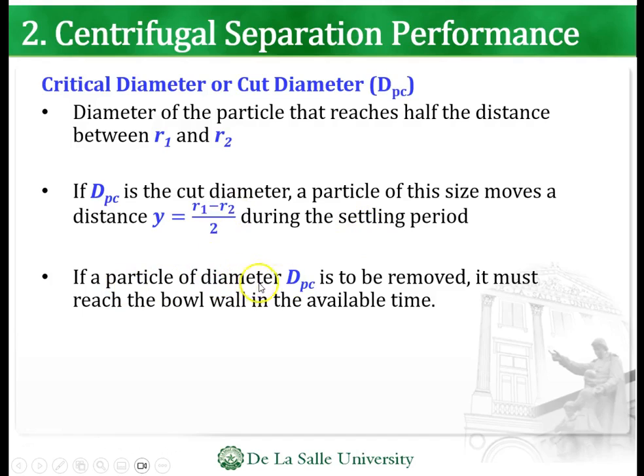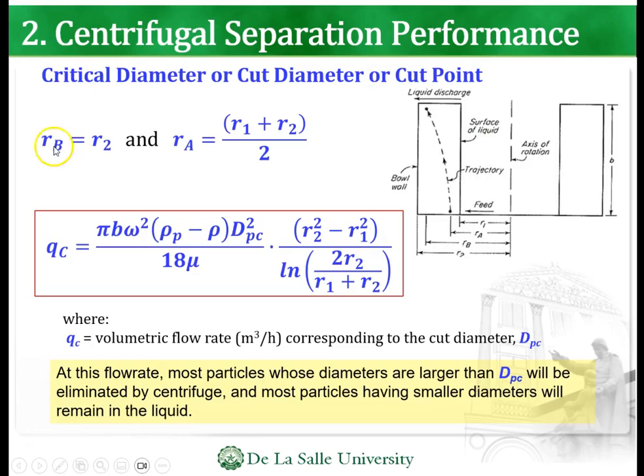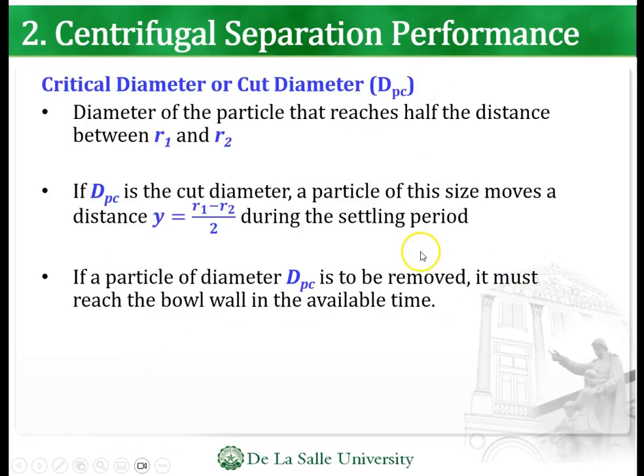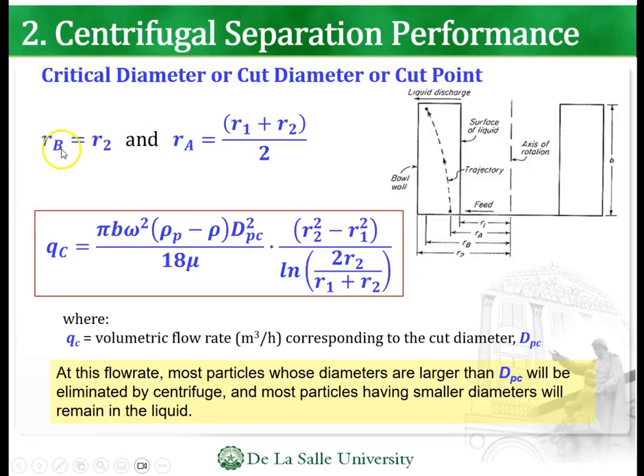If the particle of diameter dpc is to be removed, it must reach the bowl wall in the available time. Sometimes in the formulas that you can see, like here earlier, you'll see RA, RB, R1, R2. This one can be simplified actually. So how is it simplified? If you give enough time such that RB here reaches the wall, RB is equal to R2, and RA would be halfway.